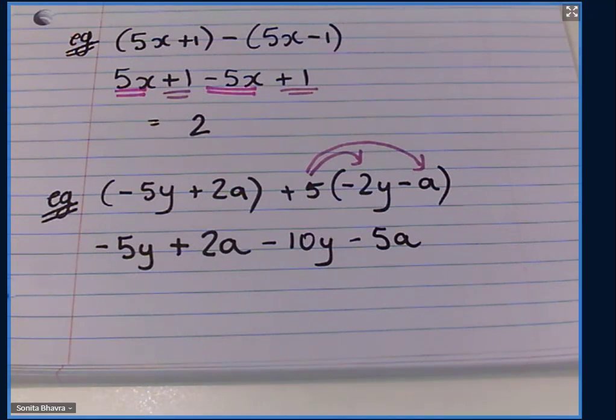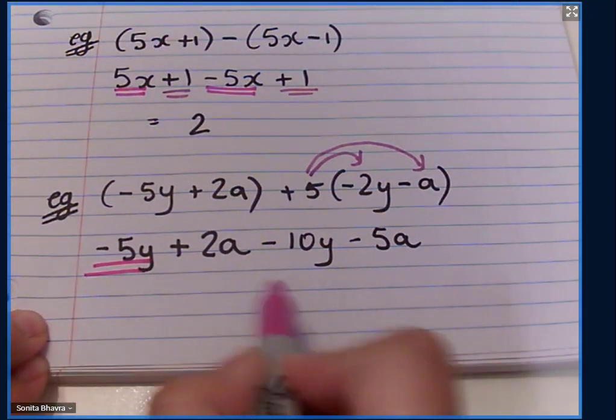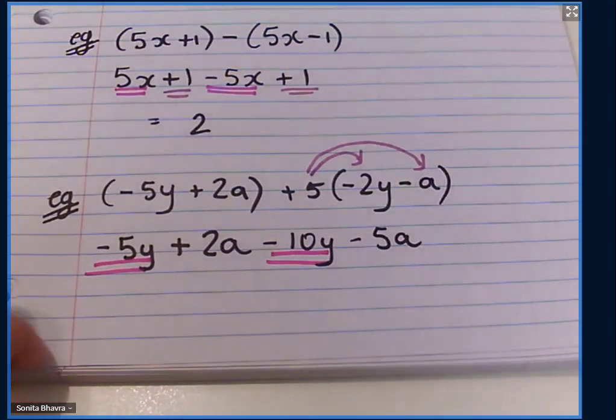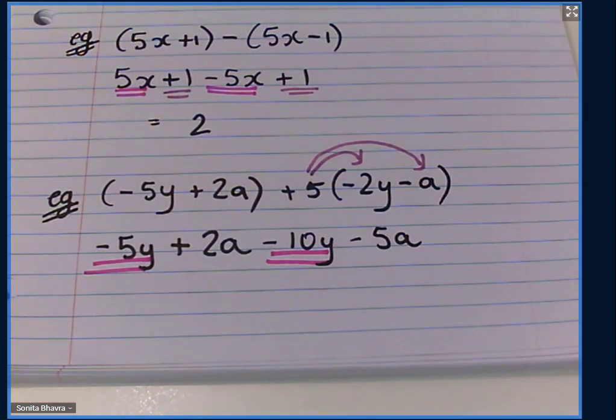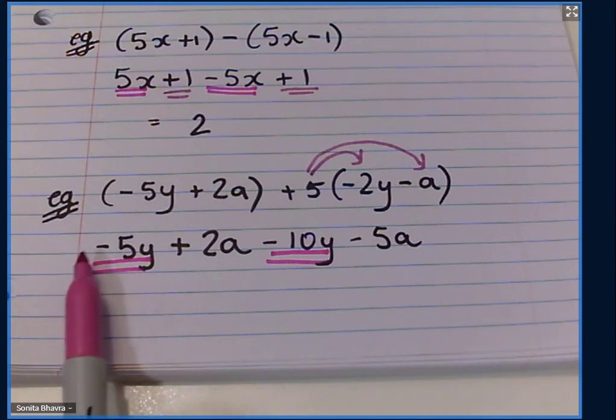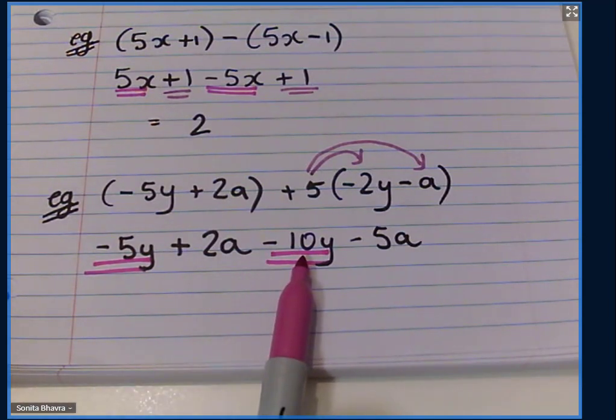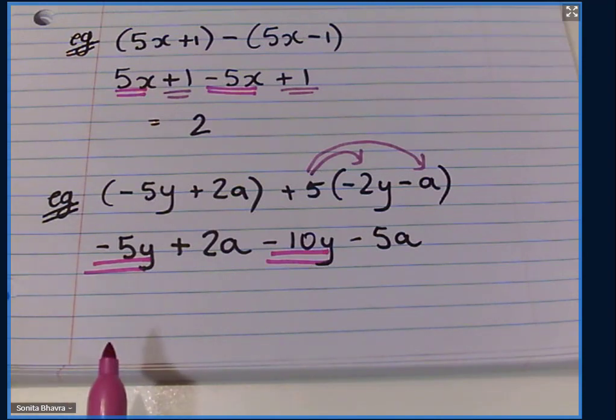So we have negative 5y and minus 10y. All right, make sure you're doing the integers correctly here. Use a calculator to check, just so you don't make any mistakes with integers. So it's negative 5 minus 10, and that will give me negative 15y.